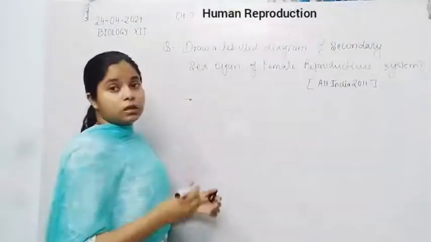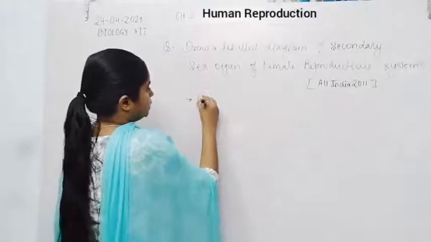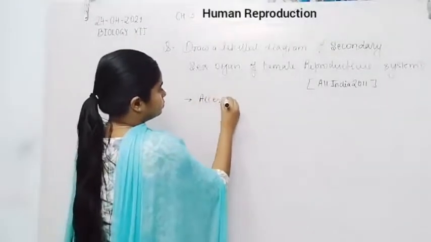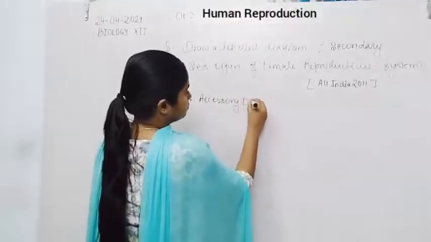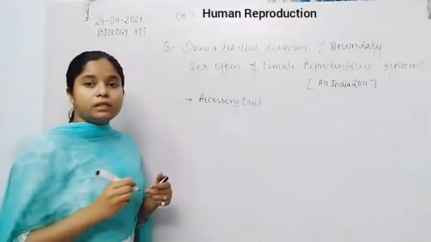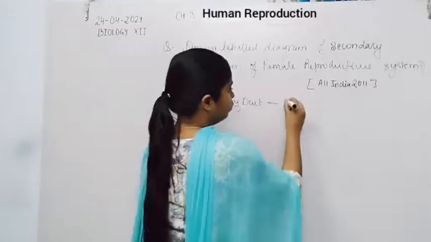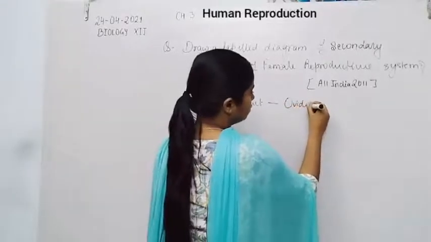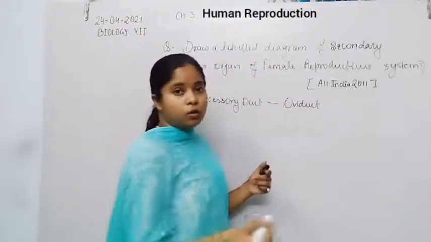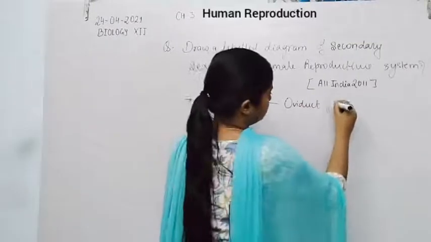First is the accessory duct. The accessory ducts are the oviduct, also said to be the fallopian tube.